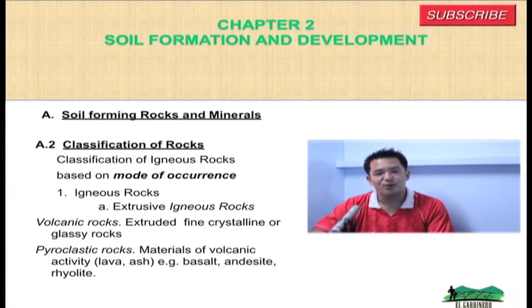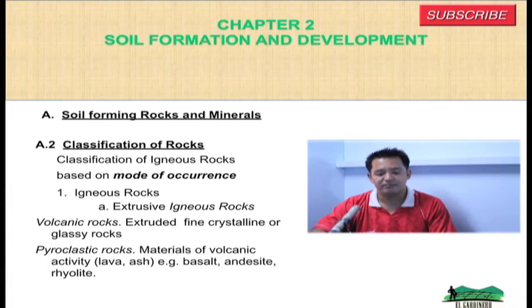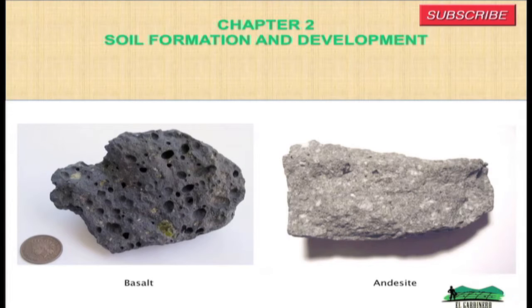Other rocks are what you call the pyroclastic rocks, or the materials of volcanic activity such as lava and ash that have solidified outside the Earth's crust or outside of the surface of the soil. Example is the basalt, andesite, and rhyolite. And this is the example of the picture of an extrusive igneous rock.